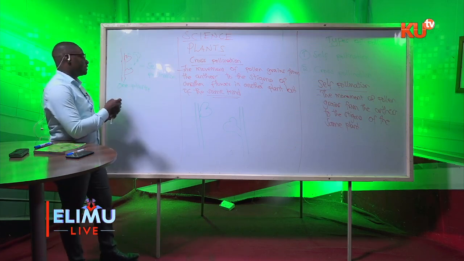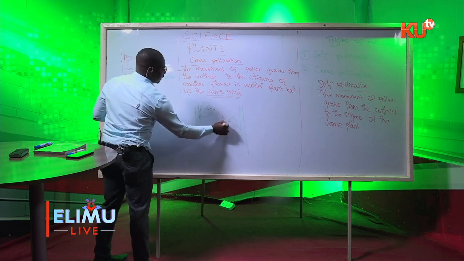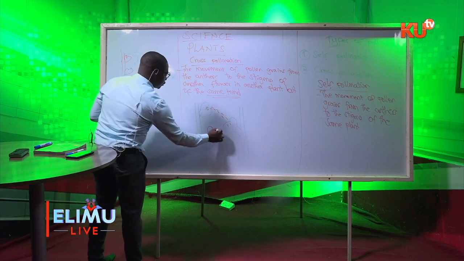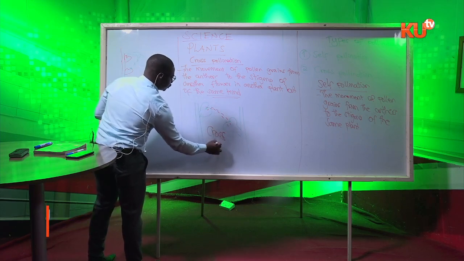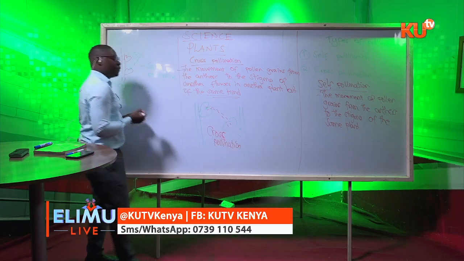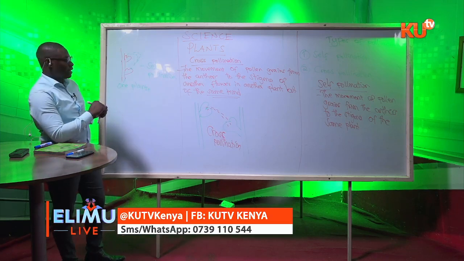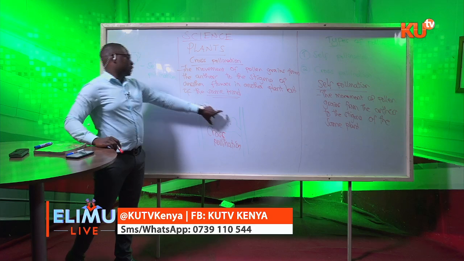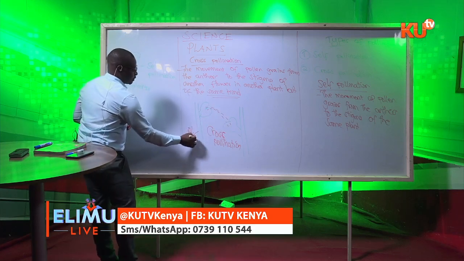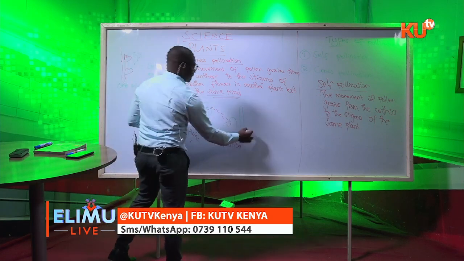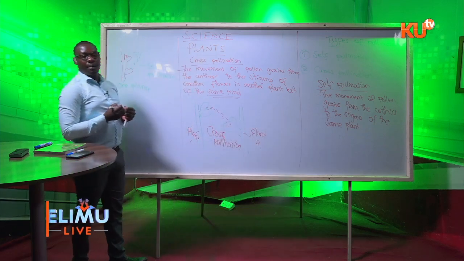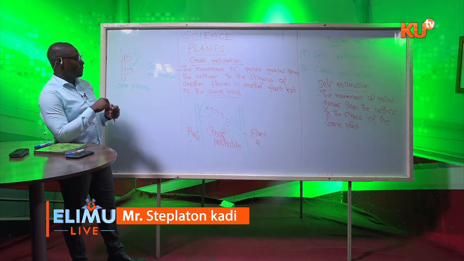When pollen grains move from this flower to that flower, this is now referred to as cross-pollination. We have movement of the pollen grains from one flower to the other. The plants here are 2. This is plant 1, and this is plant 2.